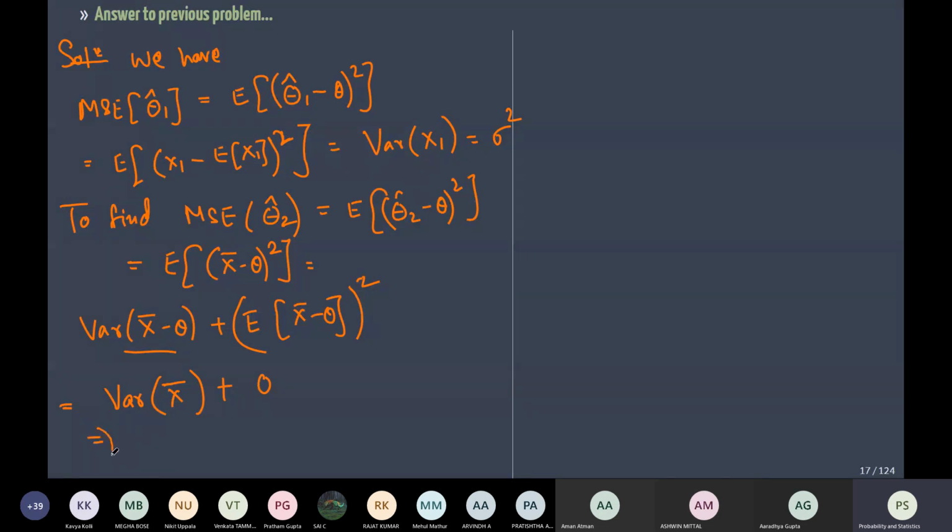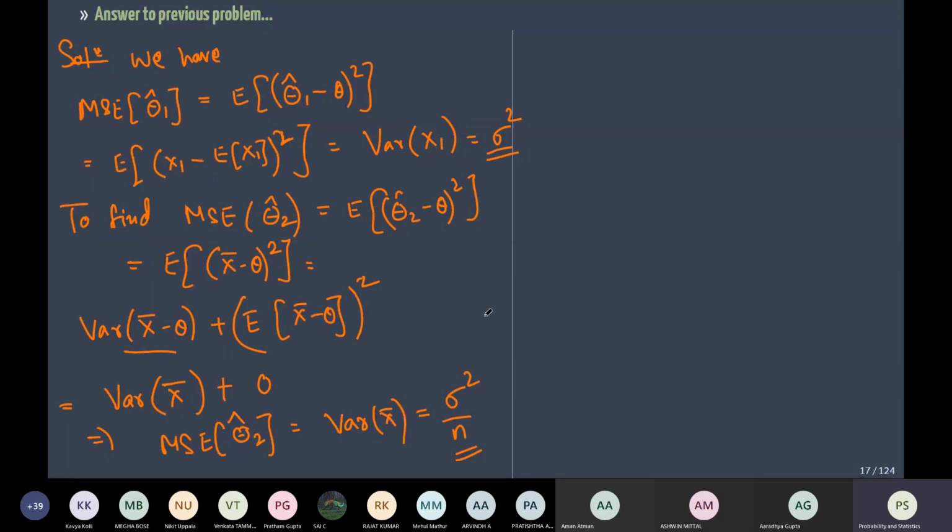So this implies that the MSE of theta hat 2 is the variance of x bar. Now the variance of x bar we know is sigma square by n. So MSE of theta 2 we know, MSE of theta 1 we know, right? Now you compare these quantities.